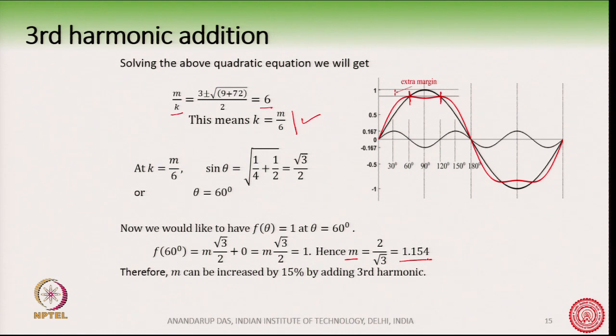So, it means that the resultant value here will touch 1. This is what we expect, the resultant value should touch 1 here. This one will touch 1 when m equal to 1.154.